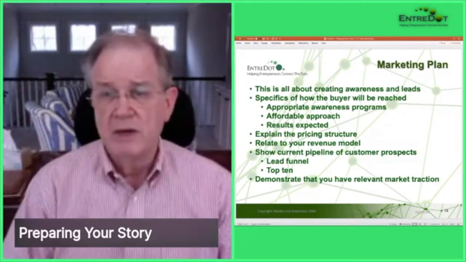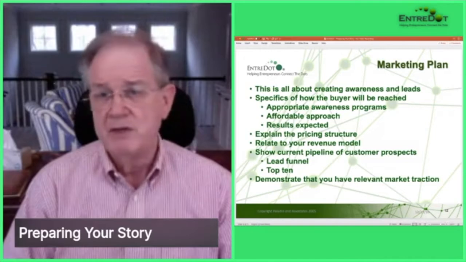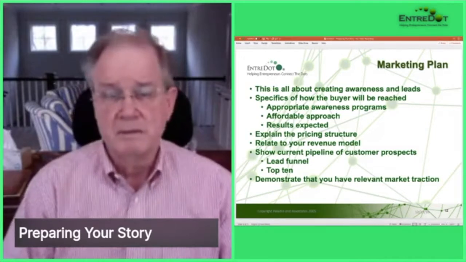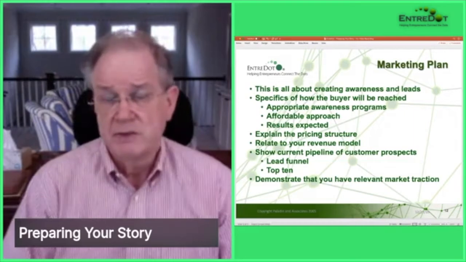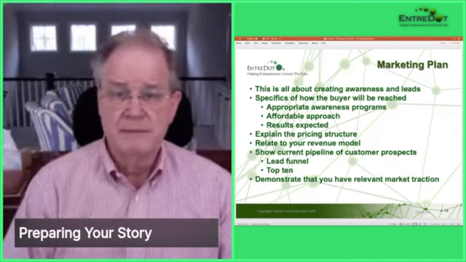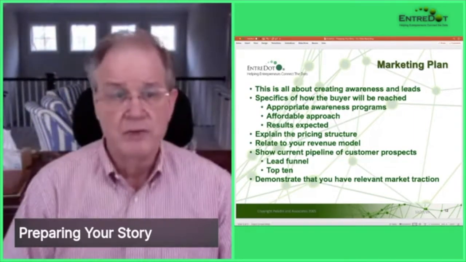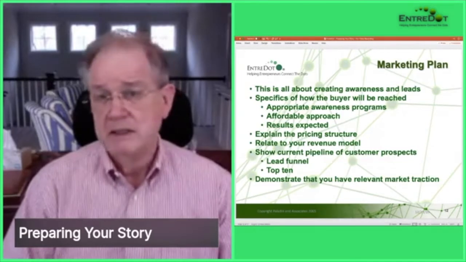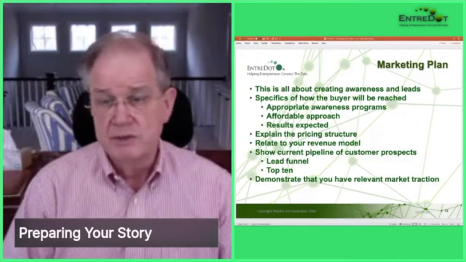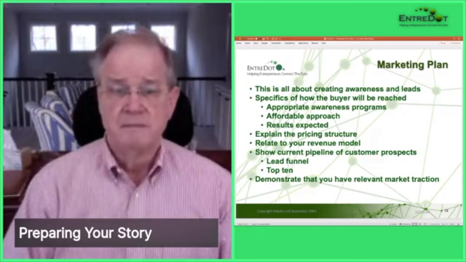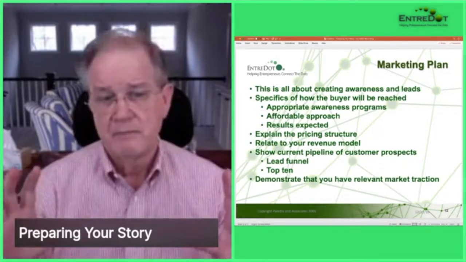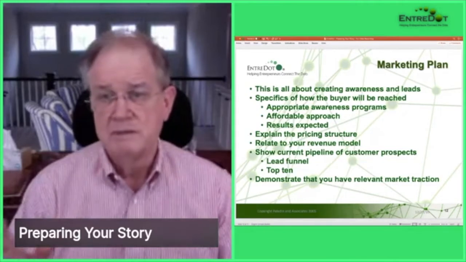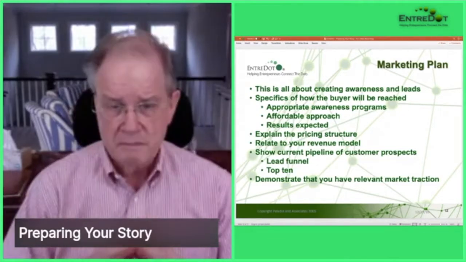Show that you know how to reach this market, and you've got a marketing plan model that'll actually achieve the expected results, because you've explained the marketing productivity ratios that would drive it. Then you can explain your pricing structure, relate it to your revenue model, which you'll explain later.